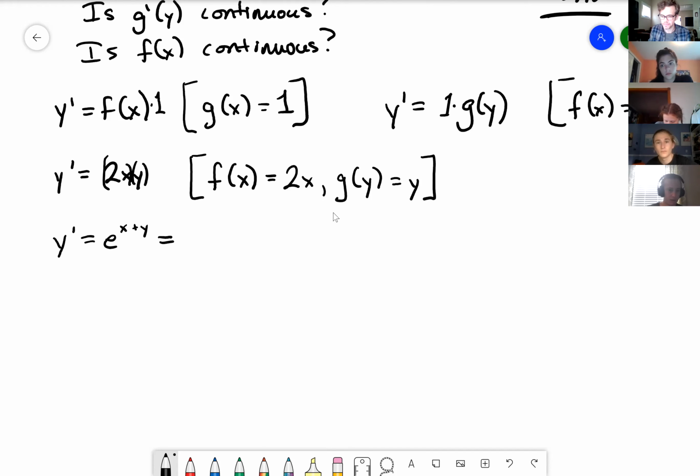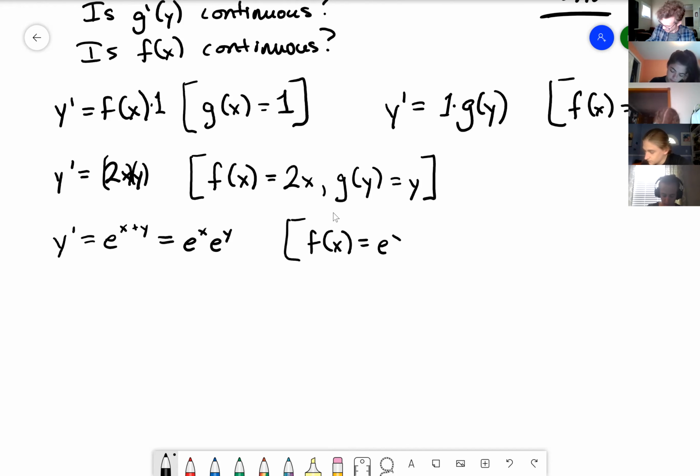Was that Tyler? Yeah, e to the x times e to the y. This is just a review of what would be algebra 2, maybe. Okay. So in this case, f of x is e to the x and g of y is e to the y.